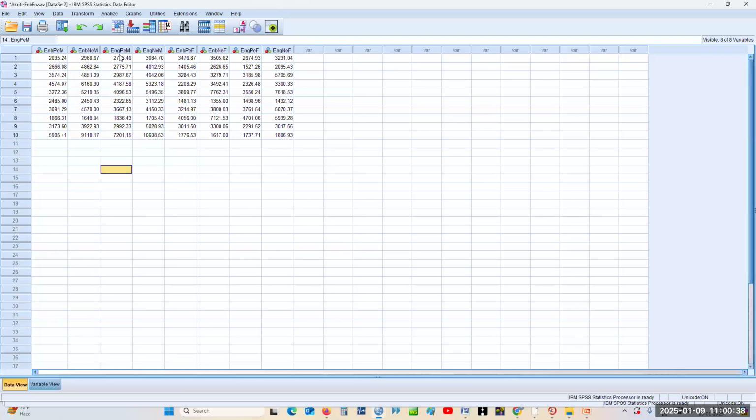Two variables first. Then we also have positive emotion and negative emotion, and M for male and F for female. Okay, 2 into 2 into 2. So these are 8 conditions.